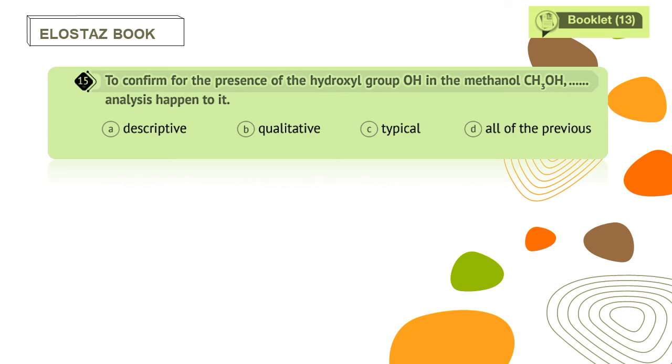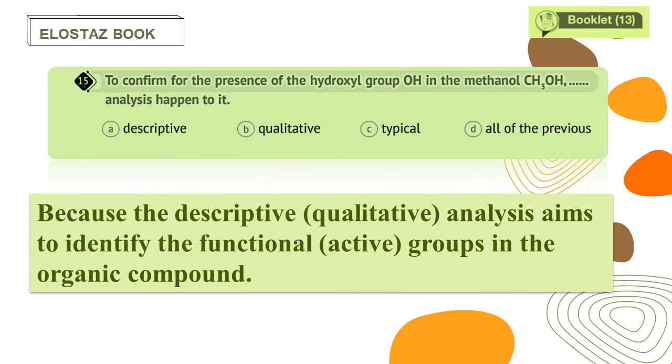We want to identify the functional group here in the methanol, or methyl alcohol. As we said, we make a qualitative or descriptive analysis, knowing the functional group of the compound, especially in the organic compound that we have. So the descriptive or qualitative analysis aims to identify the functional or active groups in the organic compound.